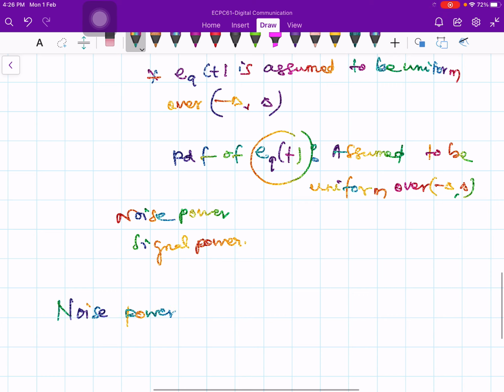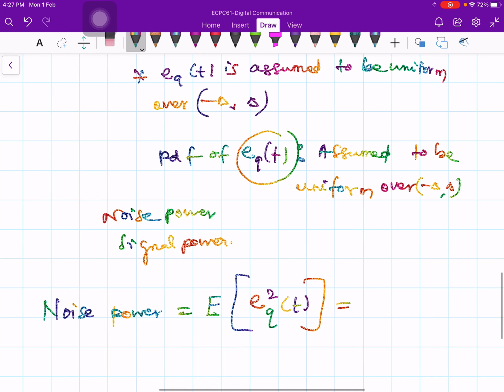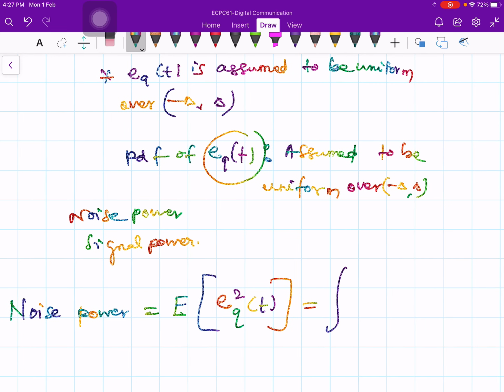Since it is a random process, we need to take the expectation of e_q squared of t, which is the integral of e squared times the density function f_E(e) de.